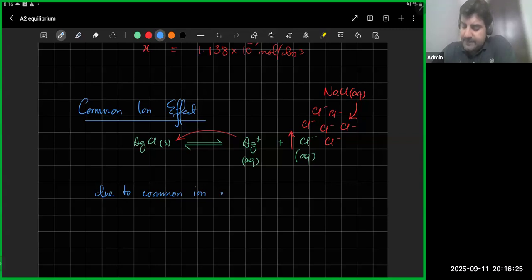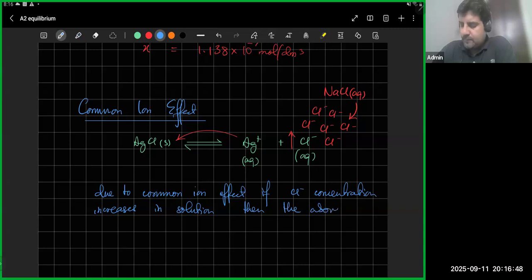So due to common ion effect, if Cl ion concentration increases in solution due to any reason, then the above equilibrium shifts to the left all the way.